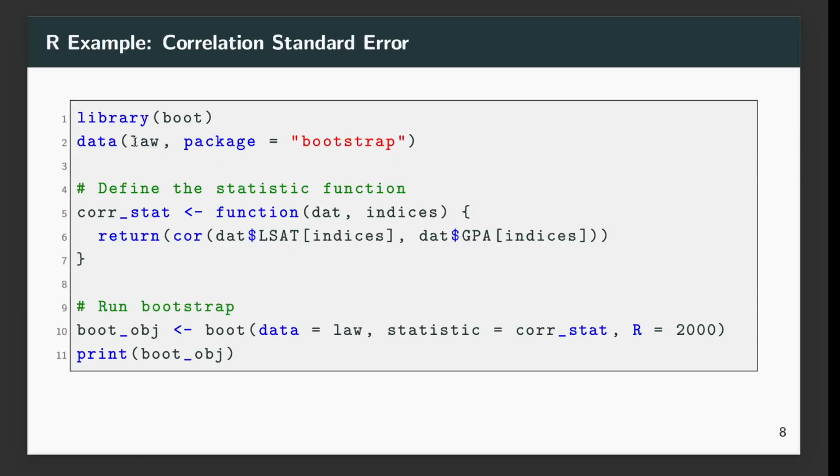We use a function, cor stat, which takes two parameters. The first is dat, the data frame, and the second is indices, a vector that contains the bootstrap sample. Inside the function we compute the Pearson correlation between the two variables.